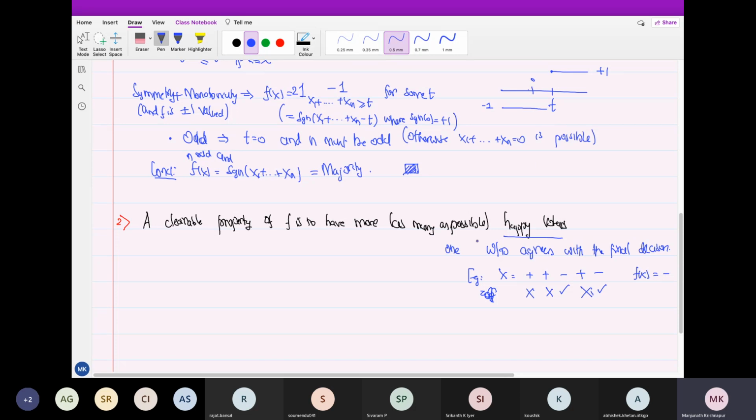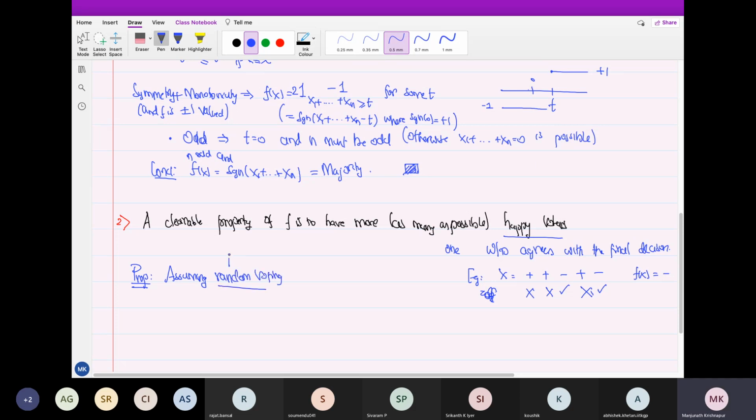But it depends very much on x, right? So we'll make an assumption. So here is a statement, a proposition. Assuming random voting.